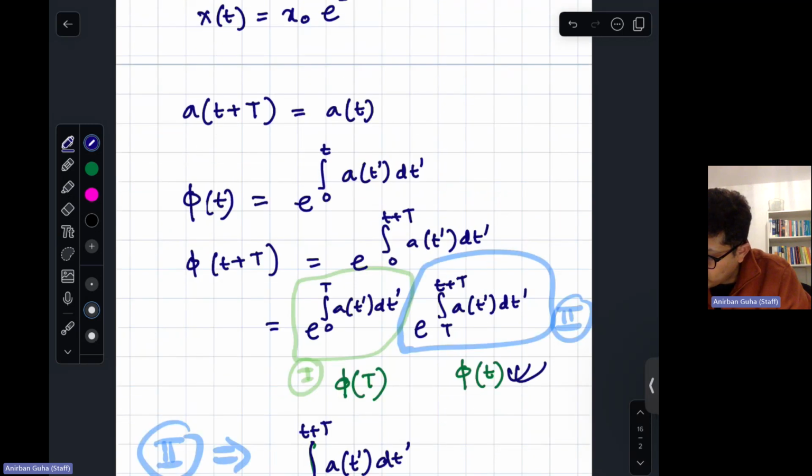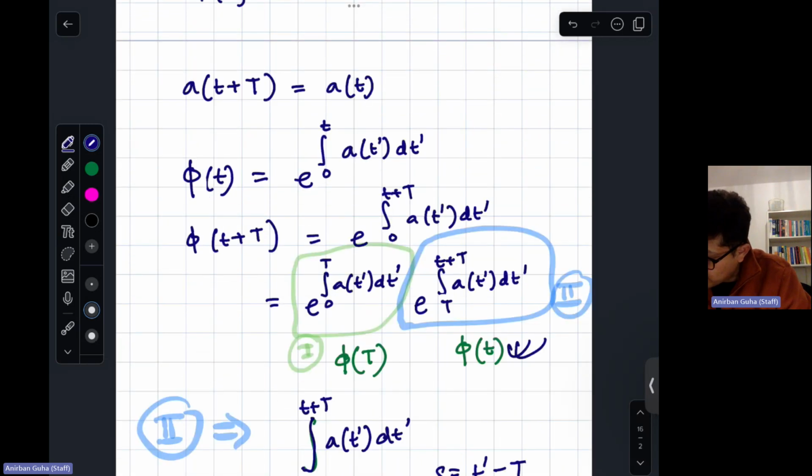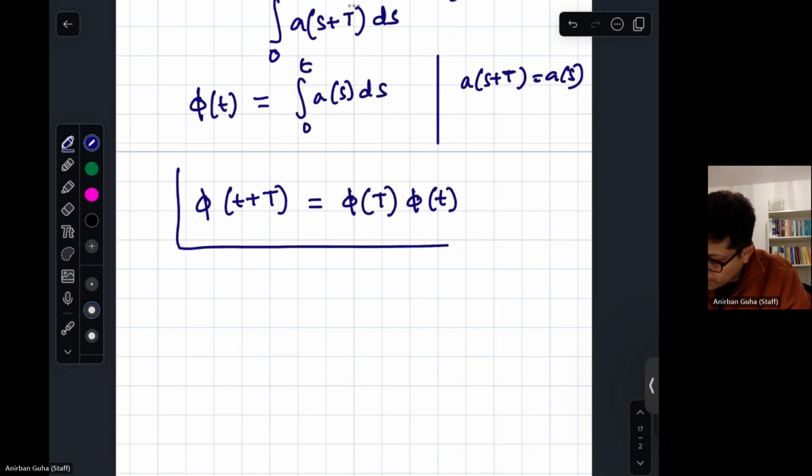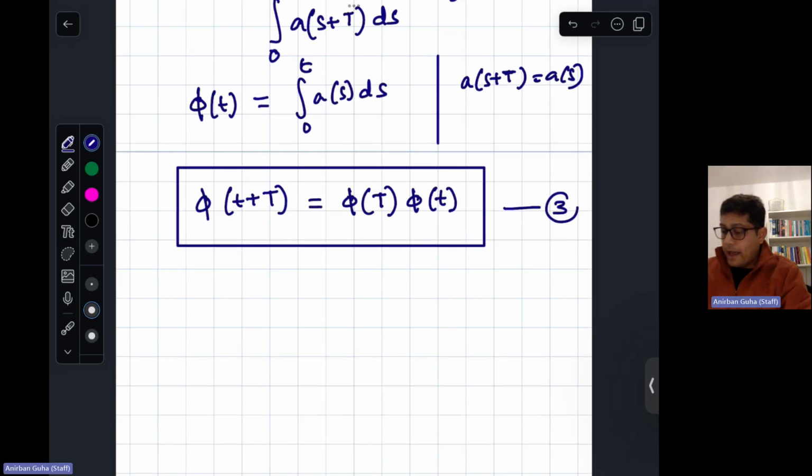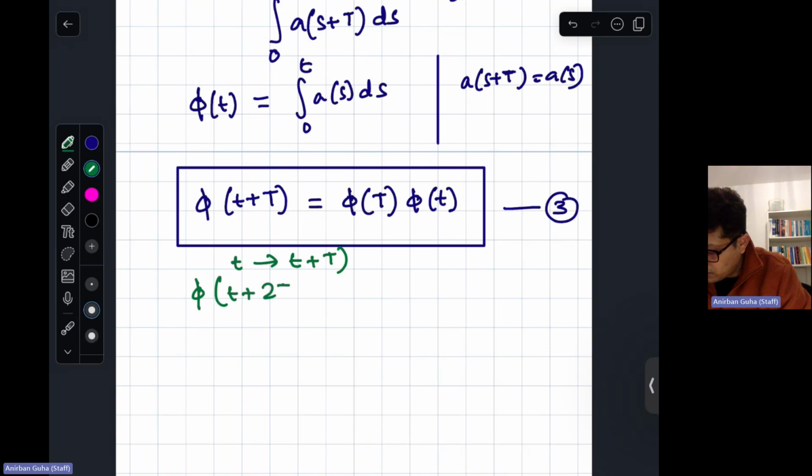Maybe I should number it as equation 3. Through induction, you can say that if we replace t by t plus capital T, then phi of t plus 2T equals phi of capital T times phi of t plus capital T, the first part unchanged.